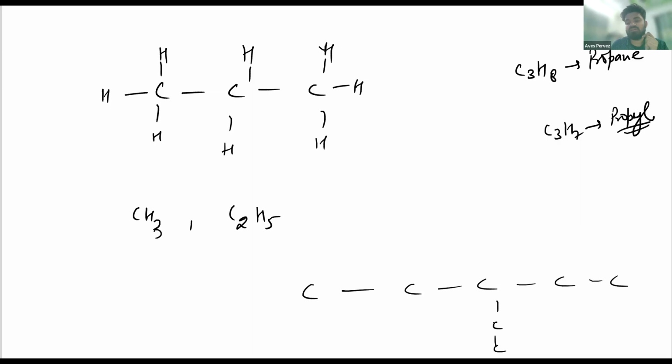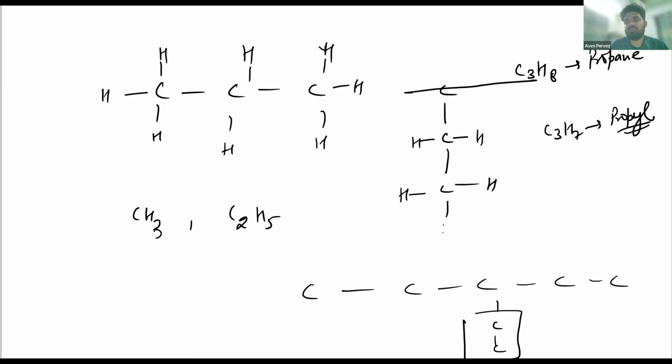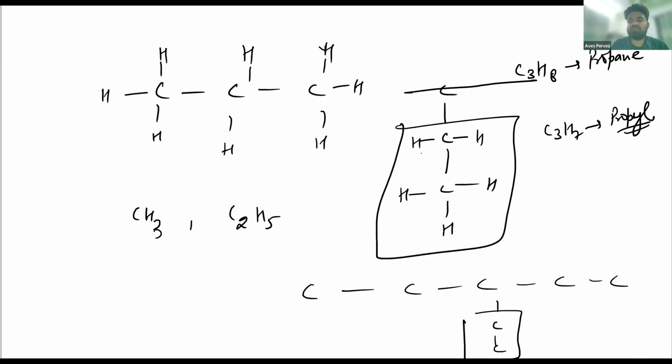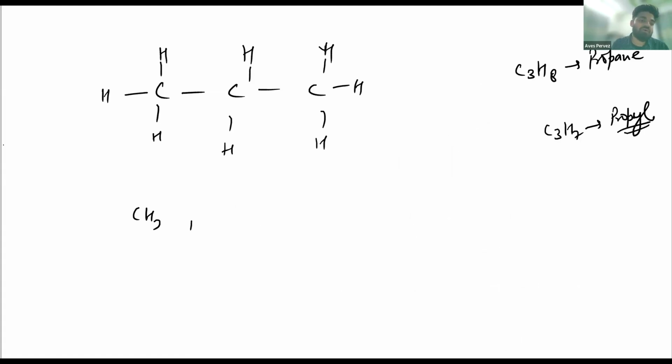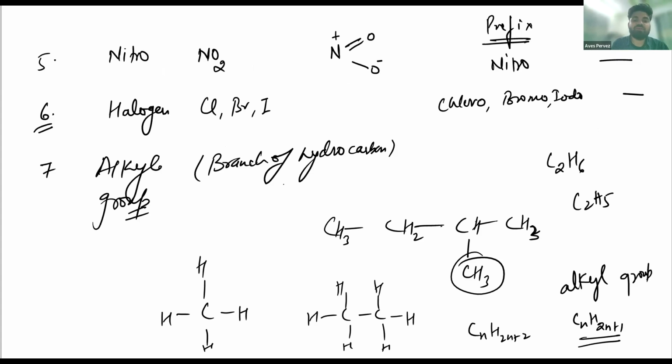If it is attached with the main carbon chain, this one valency is free here. So this is C2H5, which is actually a branch, a chain.